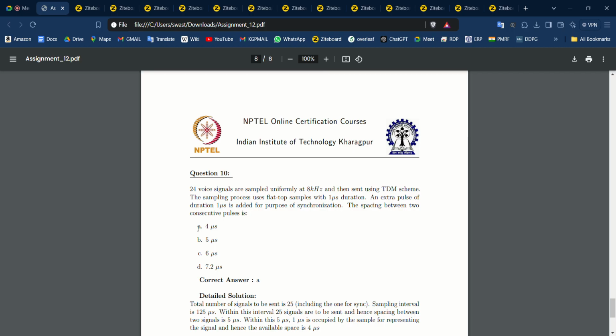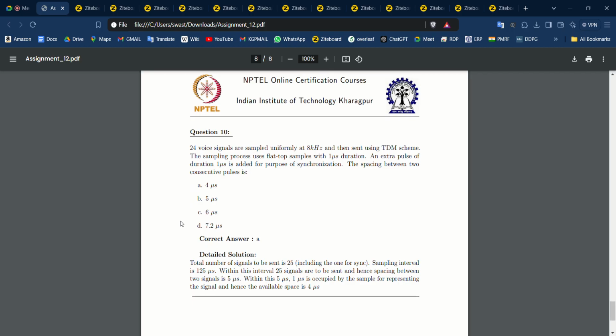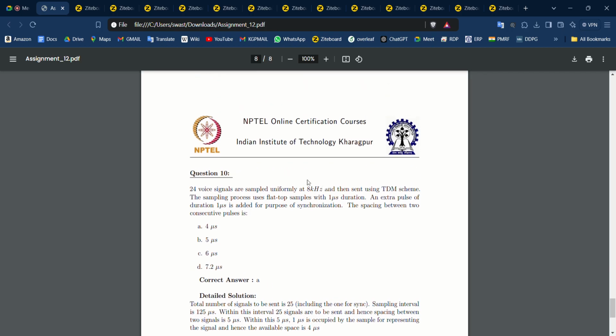The spacing between two consecutive pulses is? So we need to fit 25 pulses, 24 voice signal pulses and one synchronization pulse, sampled at 8 kilohertz.